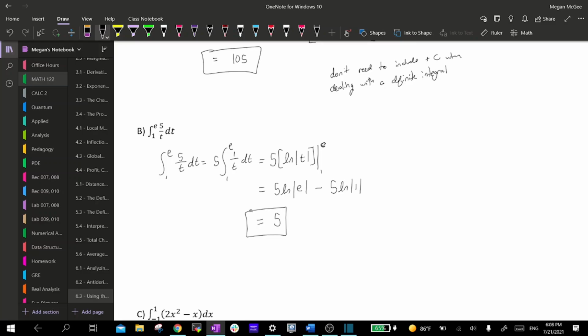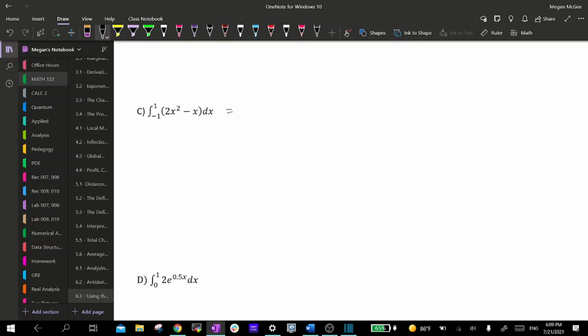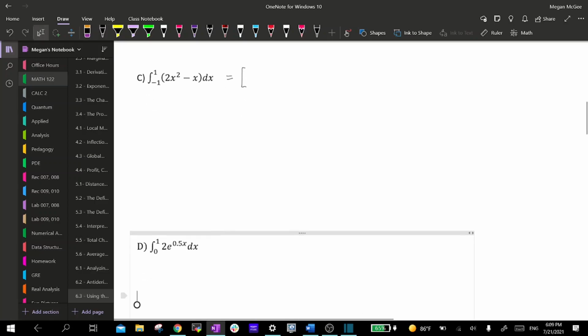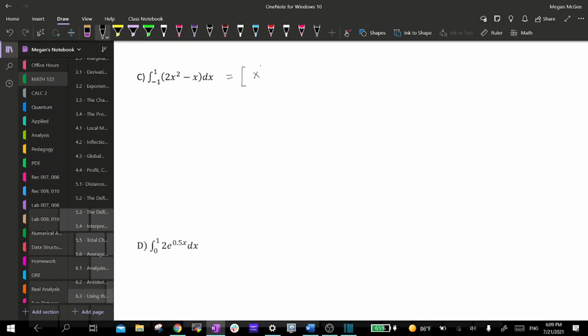Let's look at part C. All right, so I think we've gotten to the point where we don't need to break down the integrals as much anymore, okay? So I'm going to go ahead and do this calculation. So both of these are just power rules. So we have x cubed.